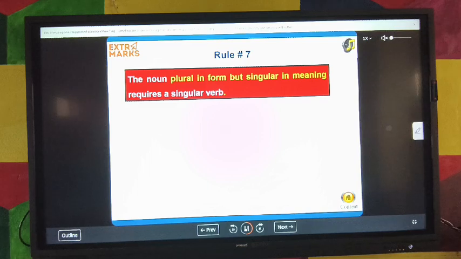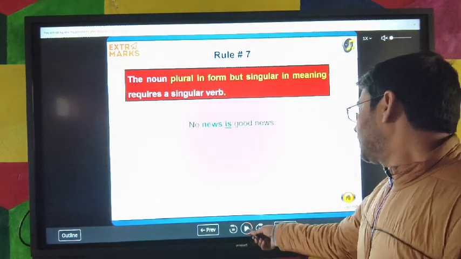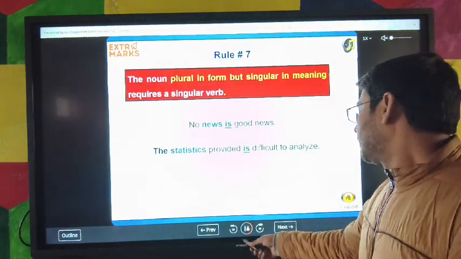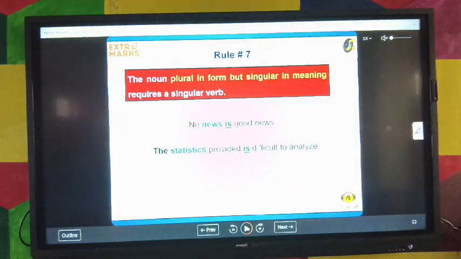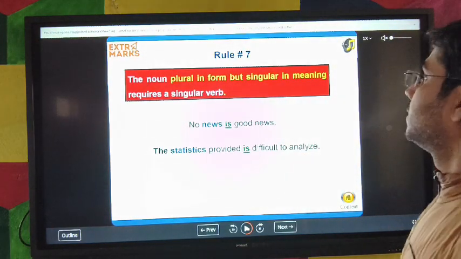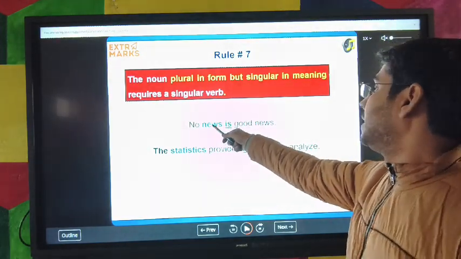Rule number 7. A noun plural in form but singular in meaning requires a singular verb. No news is good news. Here news has been mentioned, but it's plural in form, while in meaning it is singular.